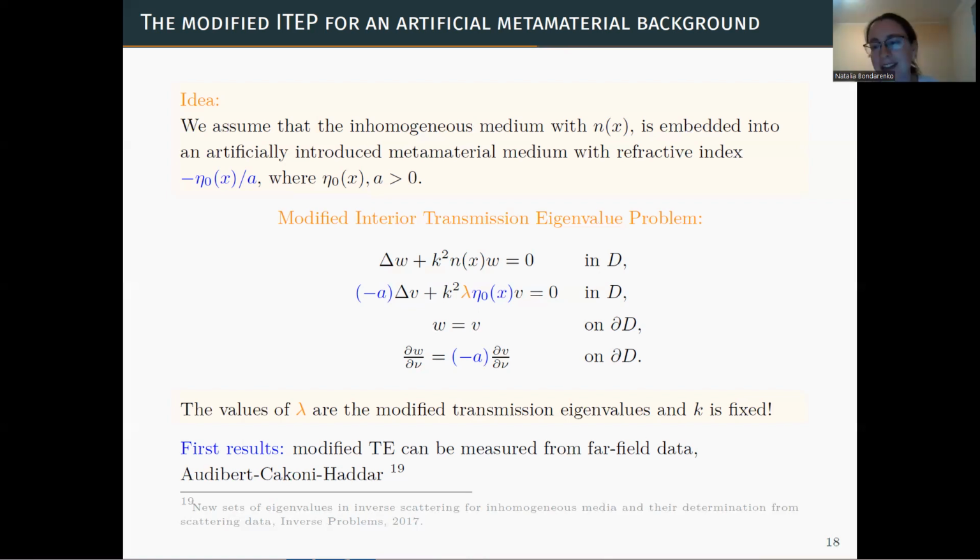Okay, thank you for the interesting talk. And one small comment: if we remove A, remove the minus, then automatically we multiply the transmission eigenvalues by -1. Practically speaking, yes. No, I mean no, it's not so, because we have the boundary condition.